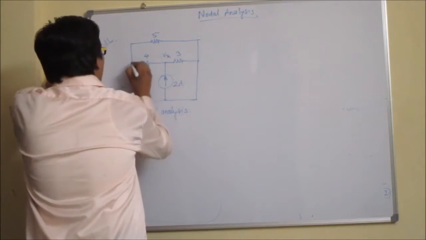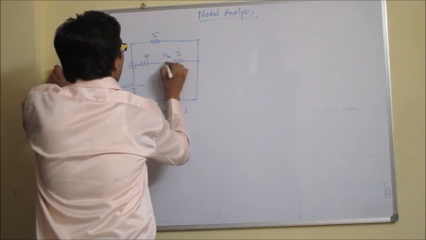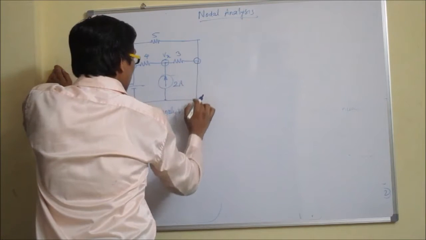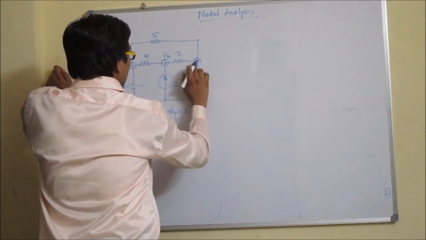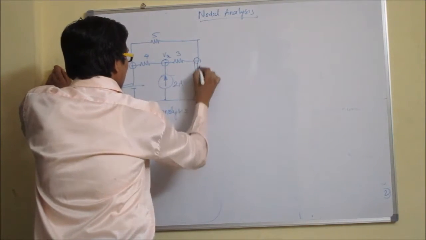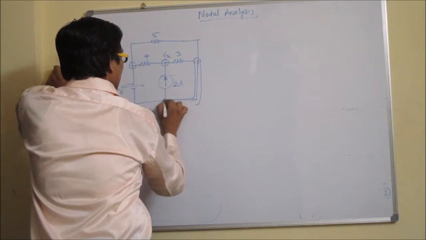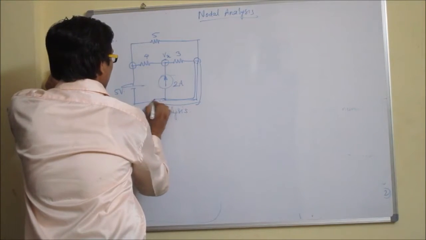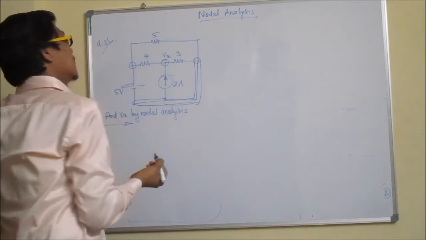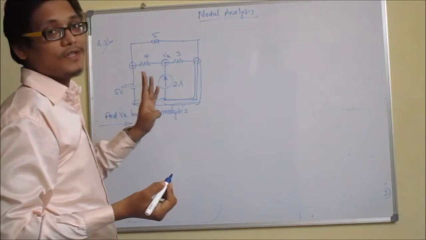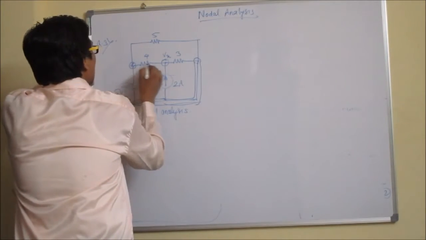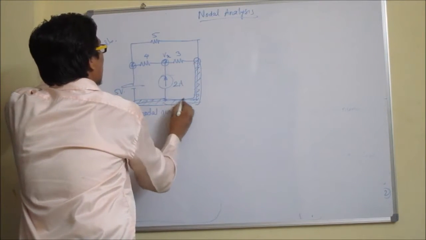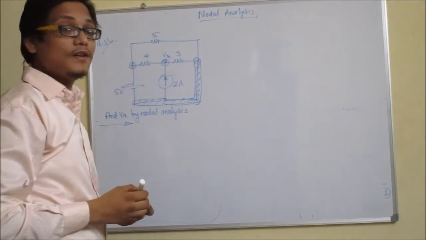So I am seeing this is one node, this is one node, here there is a node, but I am seeing that there is no element, so this node will be extended till here. Now I am seeing that here also there is no element, so this node is extended till here. So there are basically 3 nodes in our circuit. This is node number 1, 2 and 3. These are the 3 nodes in our circuit.